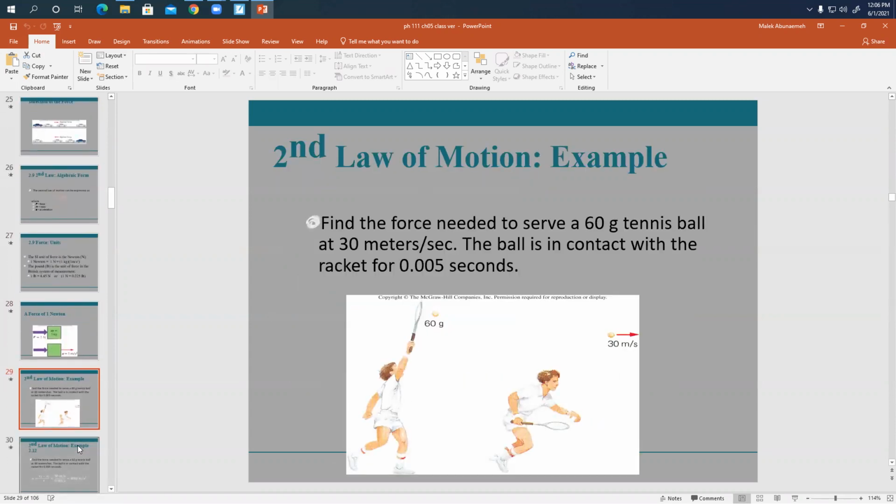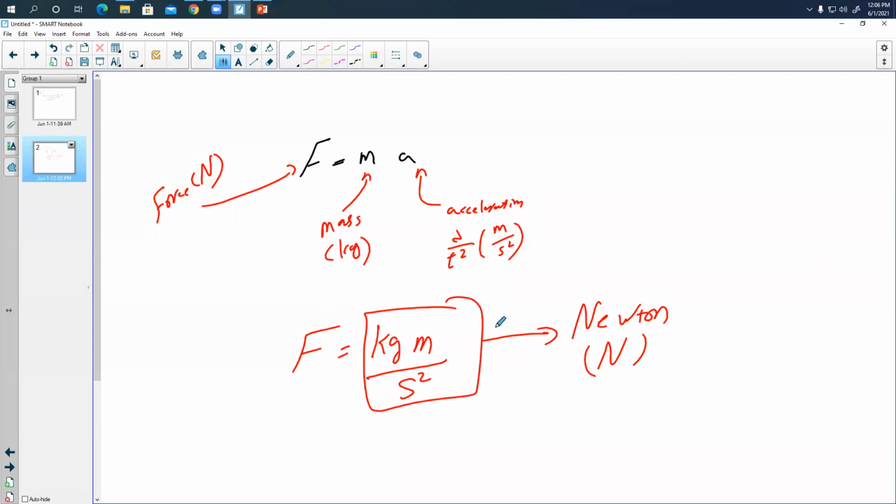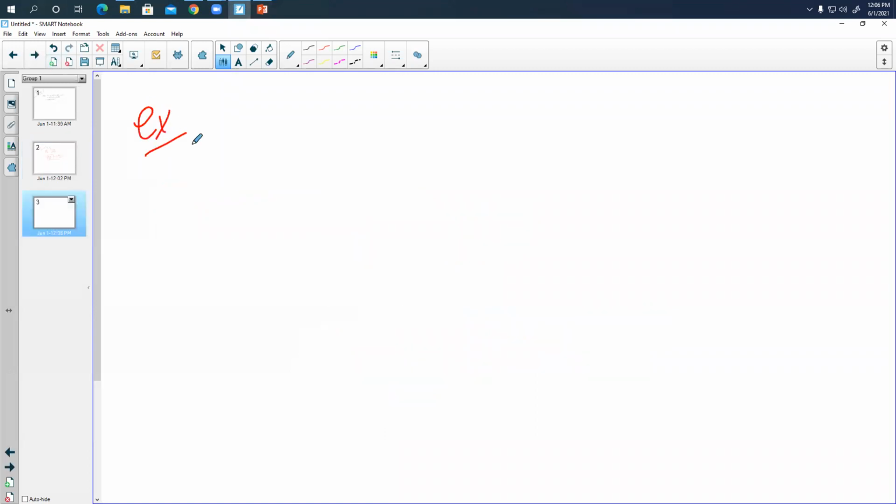Find the force needed to serve a 60-gram tennis ball at 30 meters per second. The ball is in contact with the racket for 0.005 seconds. All right, let's do this example. Your mass is 60 grams. Let's convert it to kilograms, so you get 0.06 kilograms.